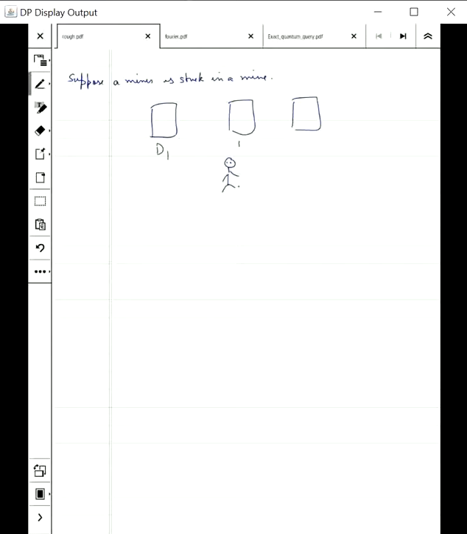The first door, if he takes it, will take around 7 hours, but unfortunately, it will get him back to the starting point. So this is not the correct way to get out. Door 2, if he takes it, is the correct door, and in 3 hours, he will reach the exit. If he takes door 3, then again unfortunately he will come back to the starting position and he will lose 5 hours.